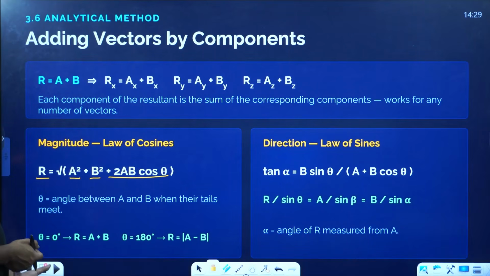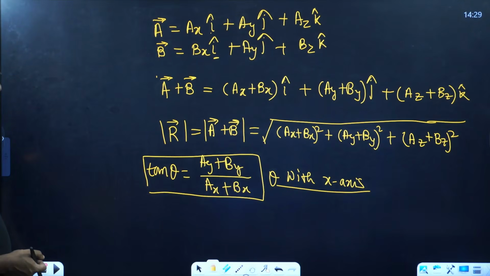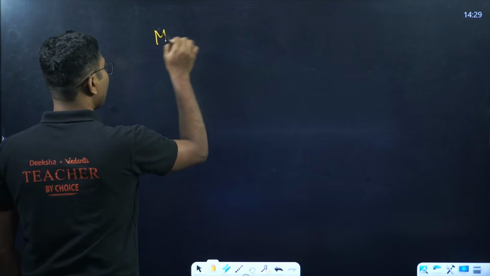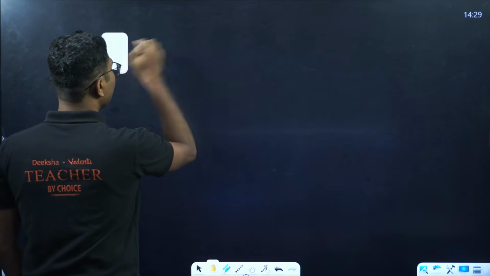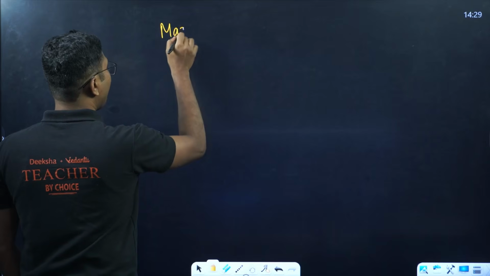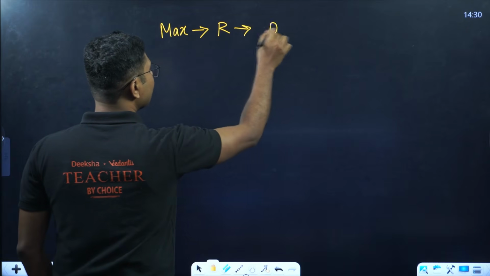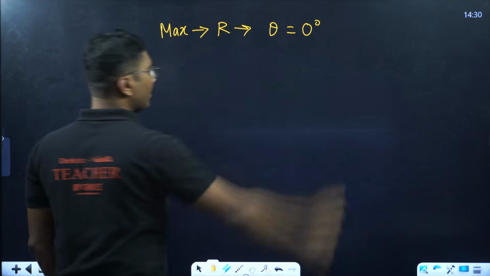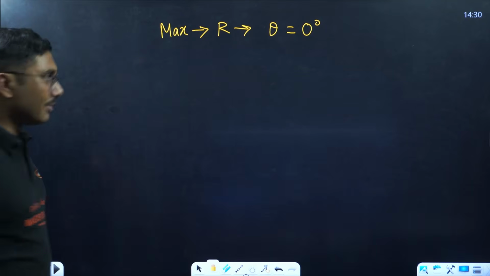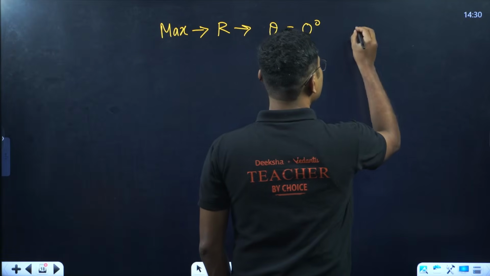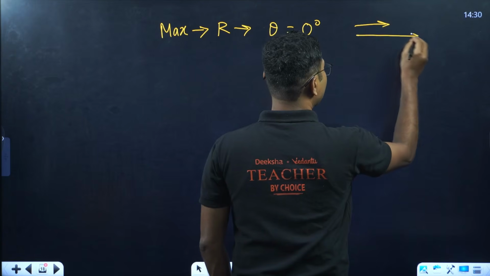Another point I want to make over here: the maximum magnitude of the resultant occurs when theta is equal to 0 degrees. The R value is maximum when theta is 0 degrees, that is, when vectors A and B are in the same direction.